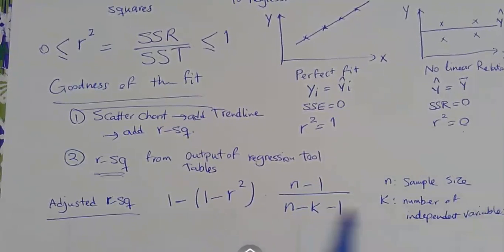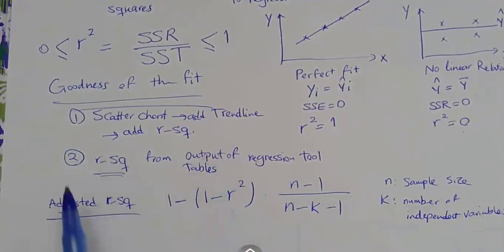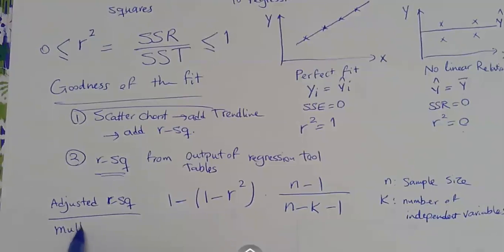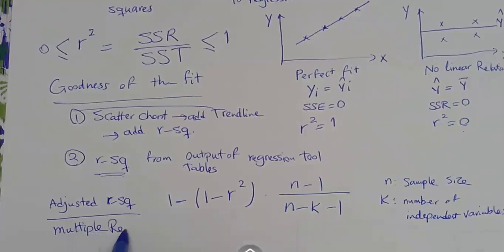You don't need to use this formula again. When you're using the regression tool, in the first table of the summary output, right below the R squared, you can see adjusted R squared. That is usually what we use when we are dealing with multiple regression. This is a much better measure for goodness of the fit.